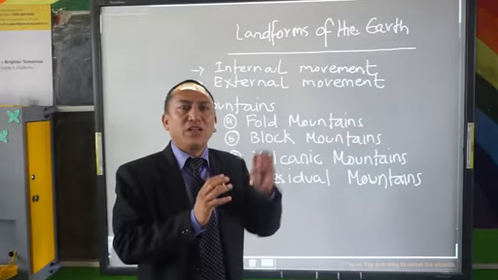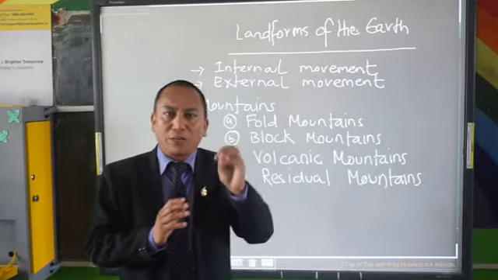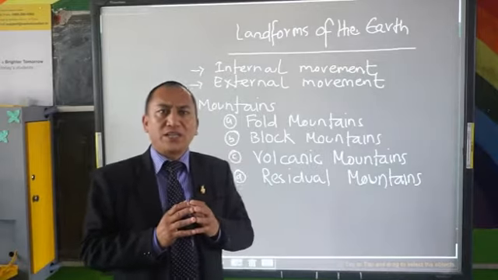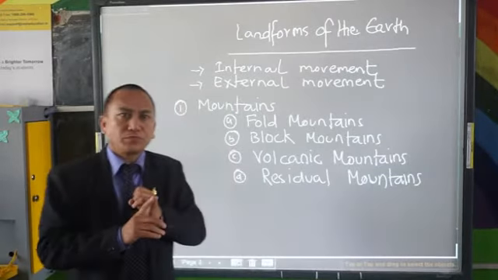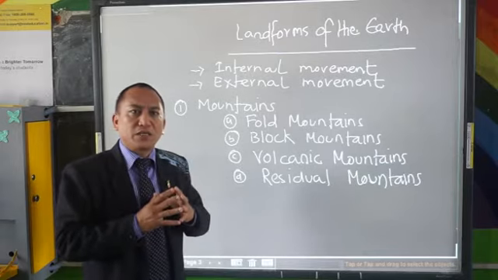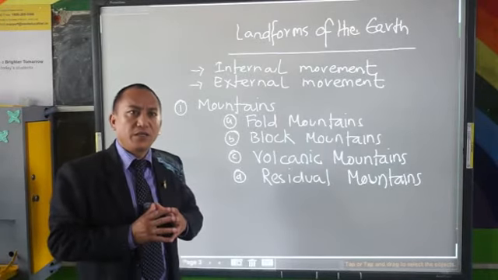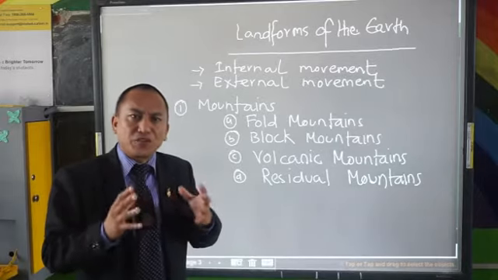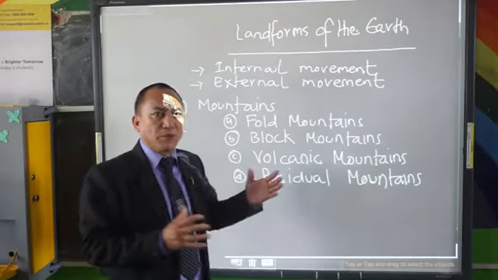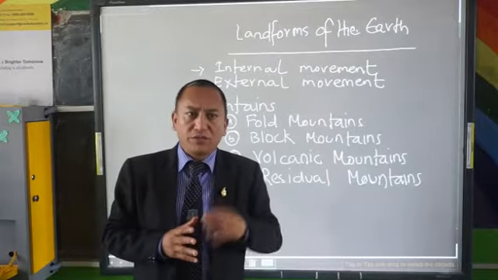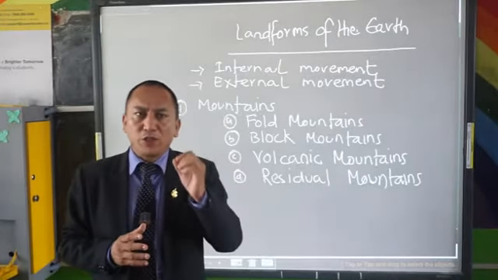The characteristics of the young fold mountains are very steep slopes and deep valleys, sharp pointed snow-covered peaks, rugged topography, complex faulting and folding, and presence of volcanoes. Examples of young fold mountains are the Himalayas, the Alps and the Andes.